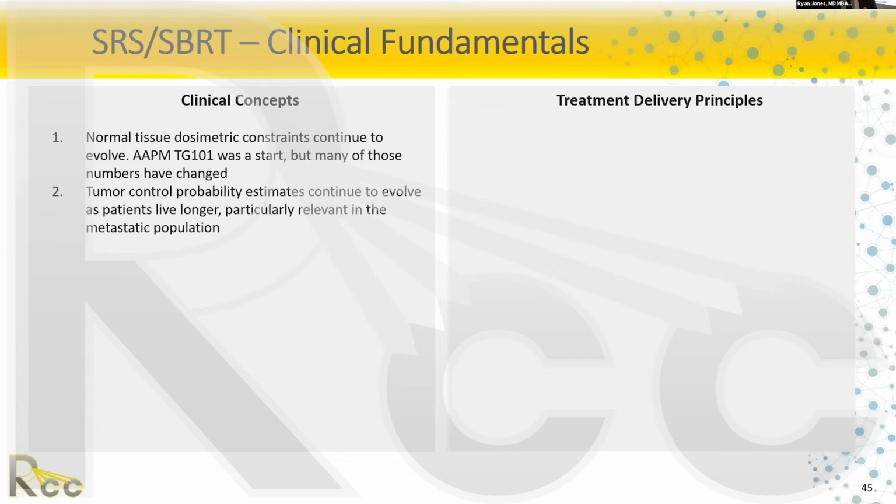But it was very enlightening how you might take something like 24 gray in 1 fraction to a spinal met, which I'm not pushing you to use as your standard dose, but it's often used, or say 20 gray in 1 fraction to a vertebral metastasis or an intracranial metastasis.